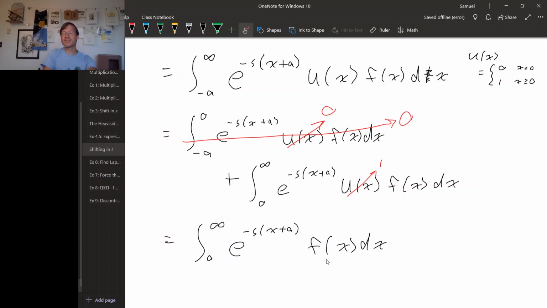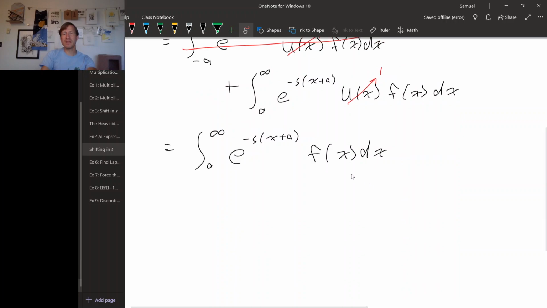Now this looks like something we have some hope with, because the variable inside of f is just the variable that we're integrating with respect to. So this ought to turn into a Laplace transform if only we could deal with this exponential, but we have this sum here.